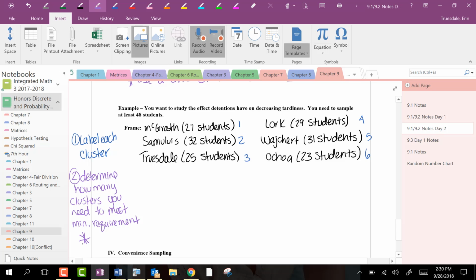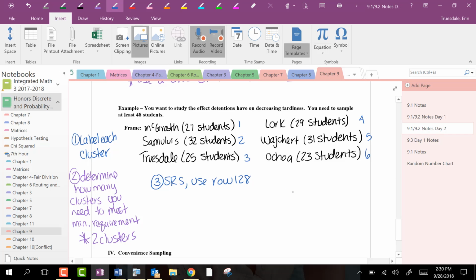Then you're going to use a simple random sample scheme. Go to your chart and use row 128 and just start at the beginning. What's the first number you got? 4. So our sample is going to be made up of 4, and then just go straight across: 2.